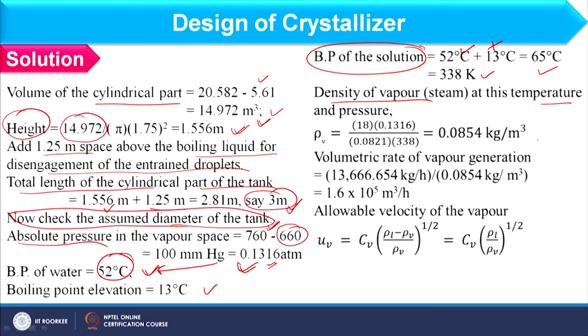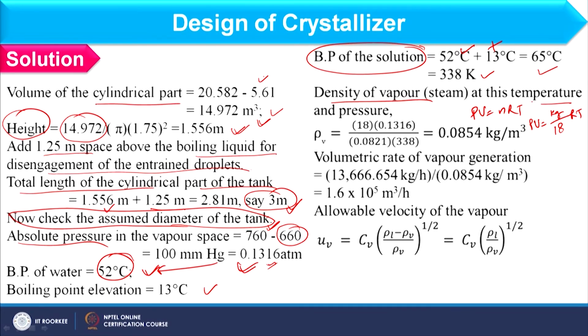And now we have to find out density of the vapor, that is the steam at given temperature and pressure. Okay. So, how we can obtain that? Now, we consider steam as ideal gas. Okay. So, for ideal gas we have the correlation as PV is equal to nRT, right. So, in this case we can write this equation as PV is equal to total mass, that is kg, per molecular weight, and that molecular weight is of water, which is 18, into RT, right.